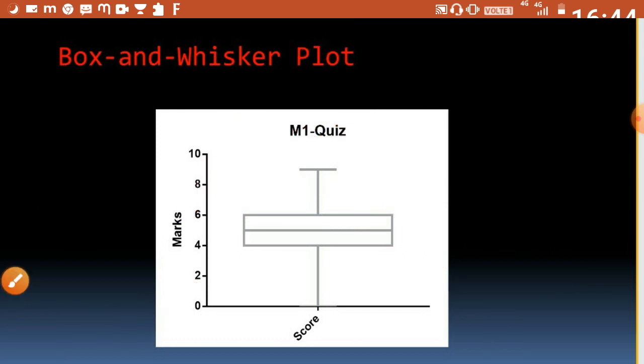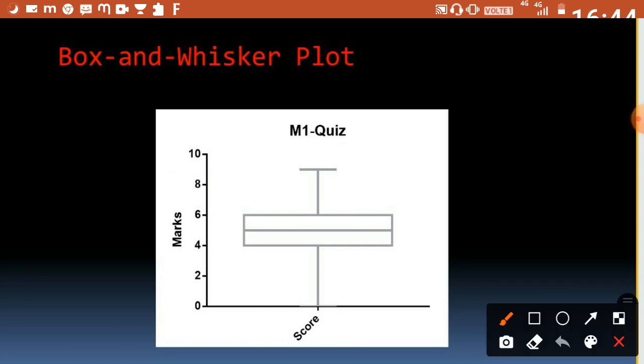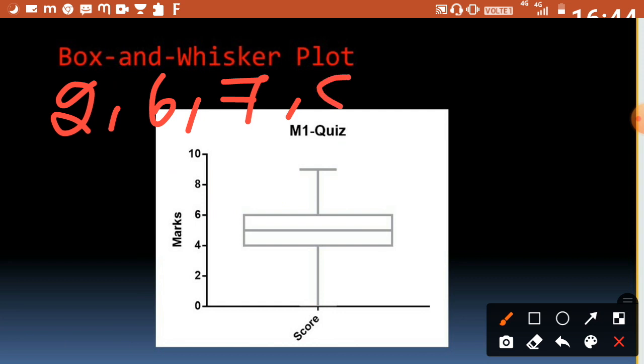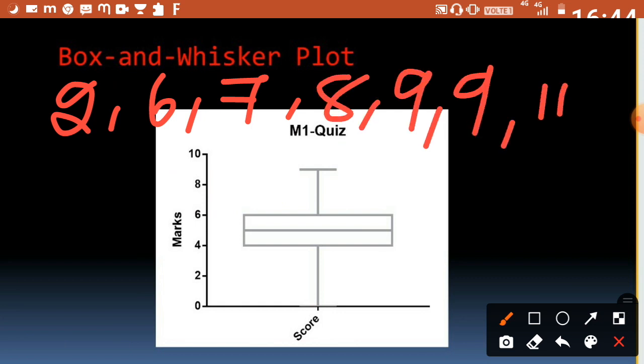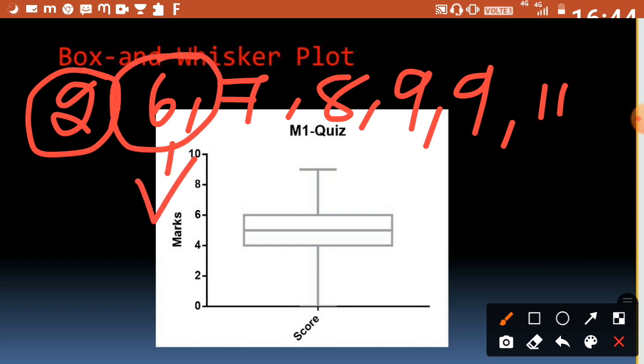Fine, so let's take an example. Here we have the data 2, 6, 7, 8, 9, 9, 11. Here the minimum value is 2, right? And here your first quartile is 6.